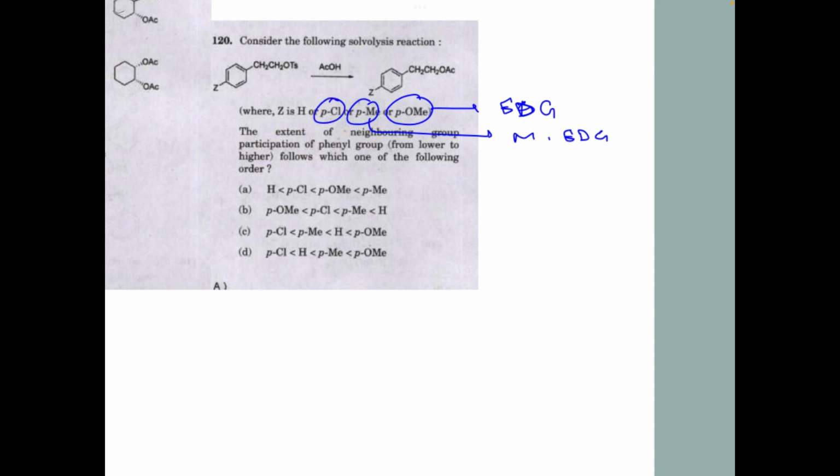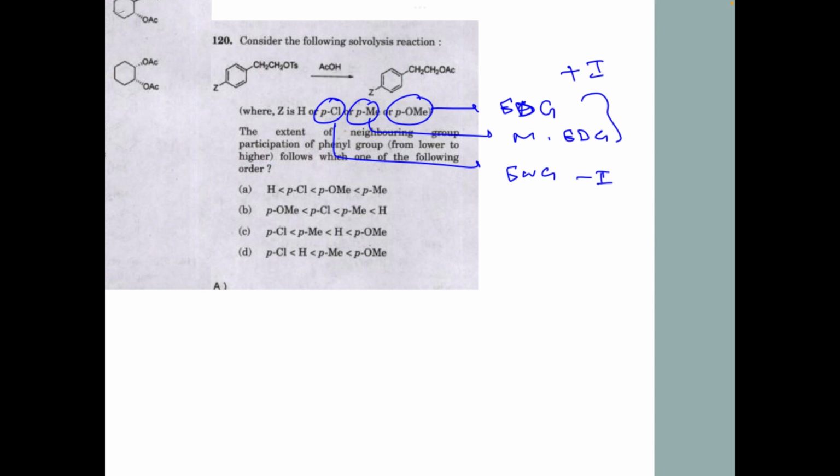Paramethyl is also moderately electron donating group. And another, chlorine is there. This chlorine will act as an electron withdrawing group. It will show minus I effect. This methyl and methoxy will show plus I effect, inductive effect. This will show minus inductive effect. So reactivity for the solvolysis reaction will be slower for the chlorine attached molecule.